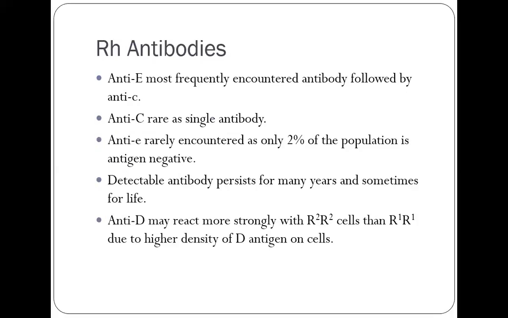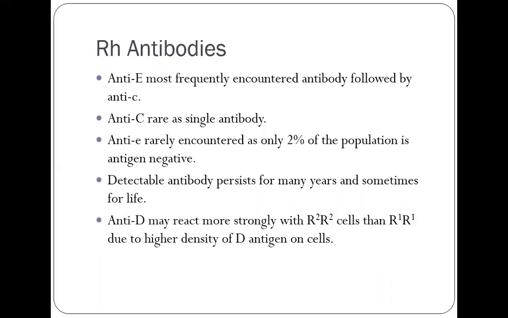Anti-E is the most frequently encountered antibody, followed by anti-little c. Anti-big C is rare. Anti-little e is rarely encountered. Only about 2% of the population is negative for this, so we rarely see it as an antibody. The times we do see it is generally in the sickle cell population or patients who have received multiple transfusions.